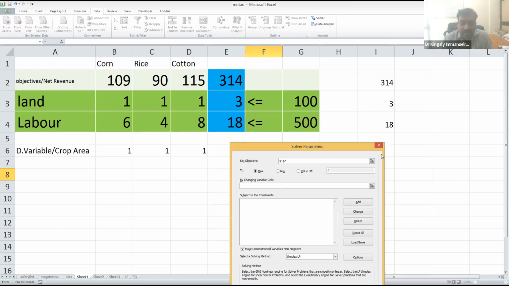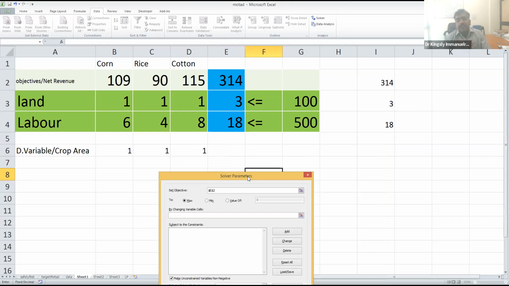What is our goal? Whether it is maximization, minimization, or just equate. Our objective is maximization. We want to maximize the net revenue with the given resource constraints. So you put your cursor on max. Then we go to the third row, the changing variable cells. What are they?